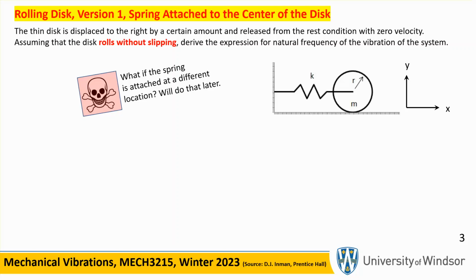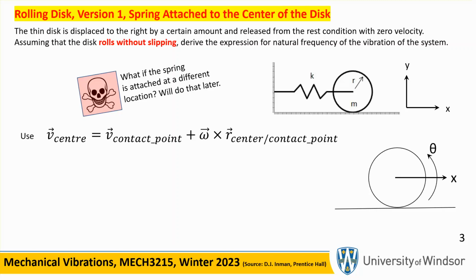The other thing is that if the spring is attached to the top location of the disk, then the problem slightly changes, okay? And we will do that later on. The natural frequency changes, the equation of motion changes, but the steps are fairly similar. We'll do that later.